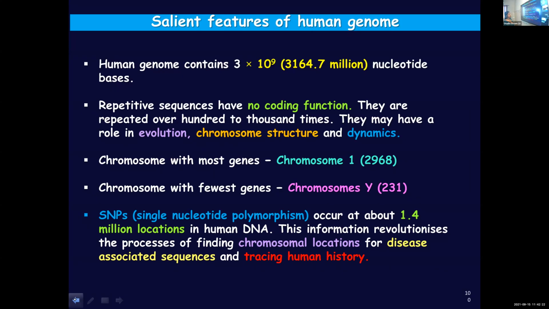Repetitive sequences have no coding function. They are non-coding. In many parts, a large part of the genome has repetitive sequences. So they do not have any coding function. Already we learned less than 2% of the genome codes for proteins.